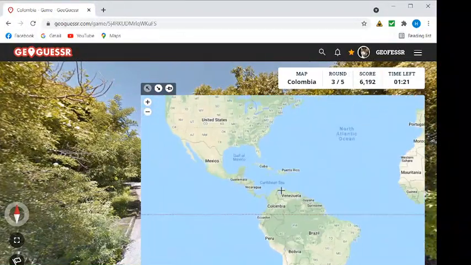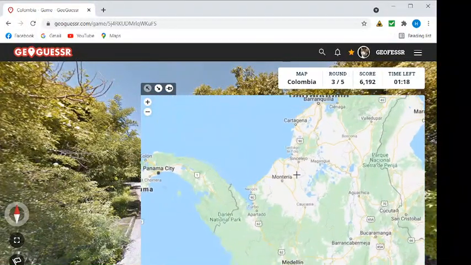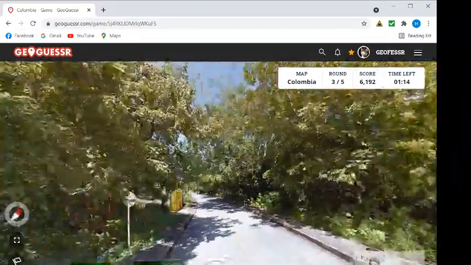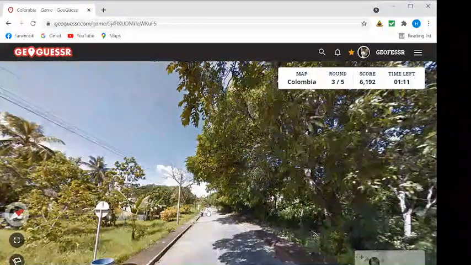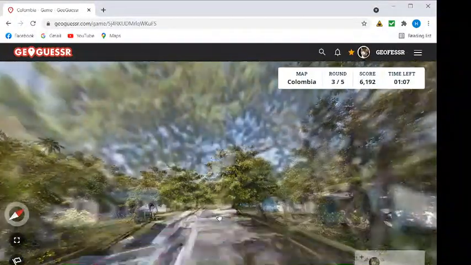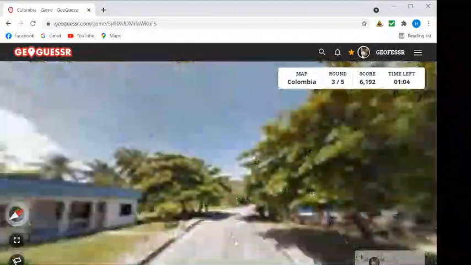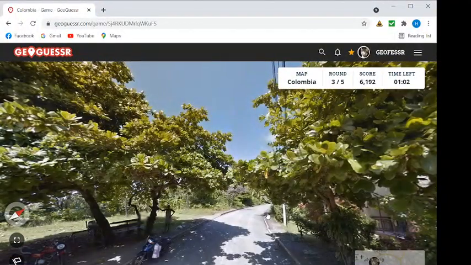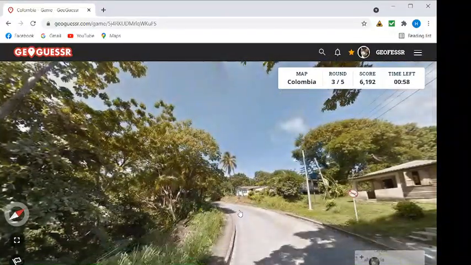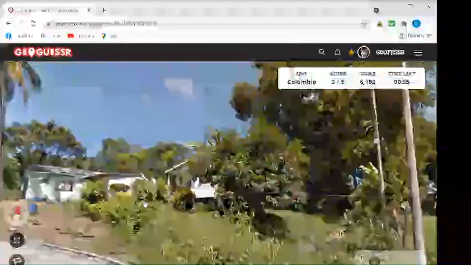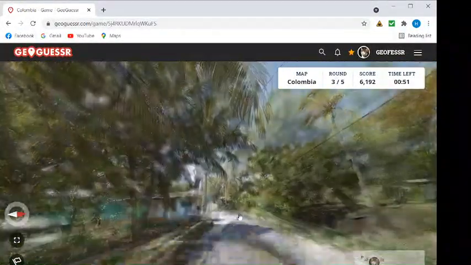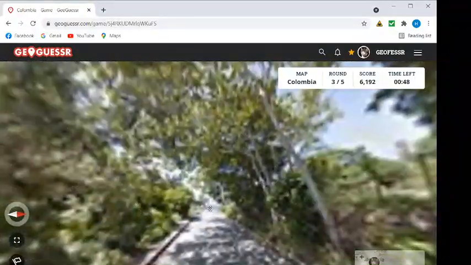So I'm leaning in the direction of the Caribbean side again. We haven't seen any language, so we can't really rule out that it could be San Andrés and Providencia again, another possibility, right? And if we see English, we know that. But also, I think that this is not an island, I think this is on the South American mainland.